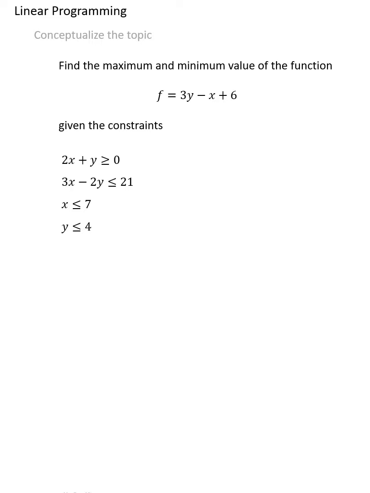Again, I'm not suggesting you pick random numbers. There's a method for this, and we'll get to that later. What I am pointing out is that you have to choose values of x and y for which all of the constraints are true in order for it to even be a viable candidate for a point that leads to a maximum or a minimum value of the function.